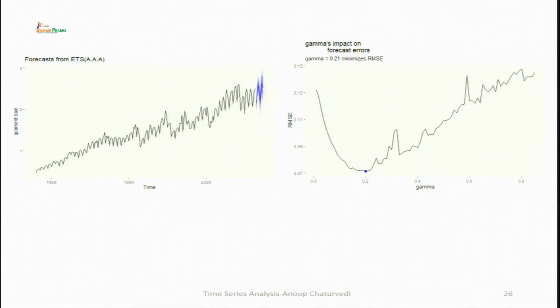Then we have used the Holt-Winters method, and we get these forecasted values given in this region. Now, these forecasted values take care of the seasonality. So, that is why you are getting better forecasts.